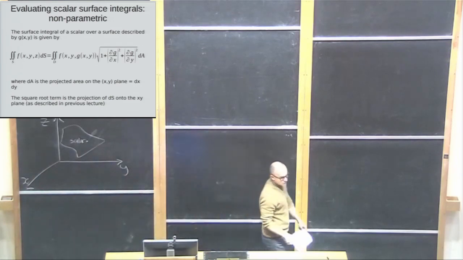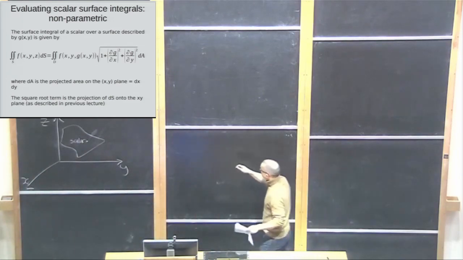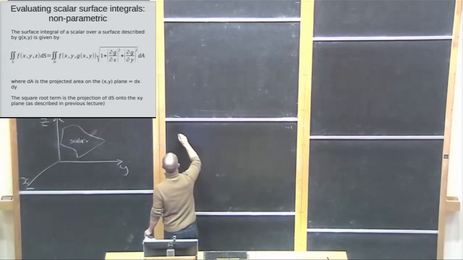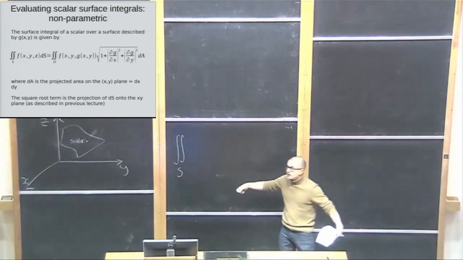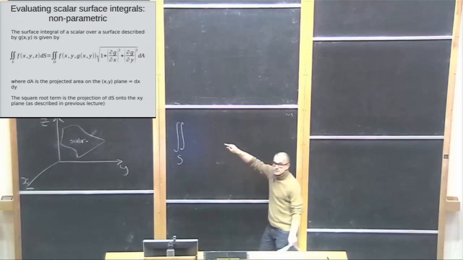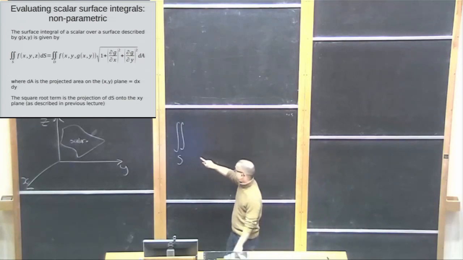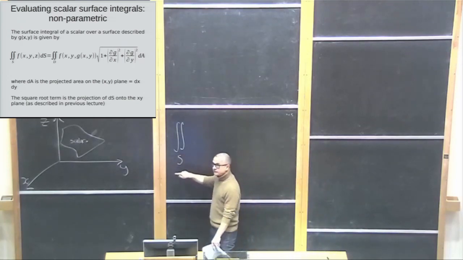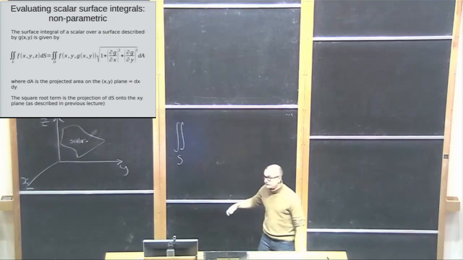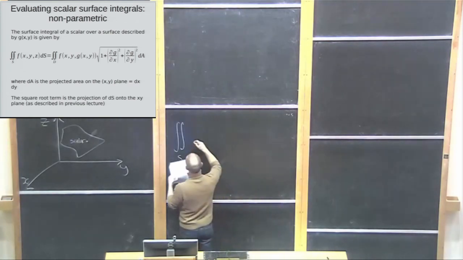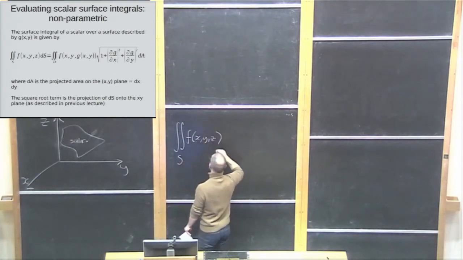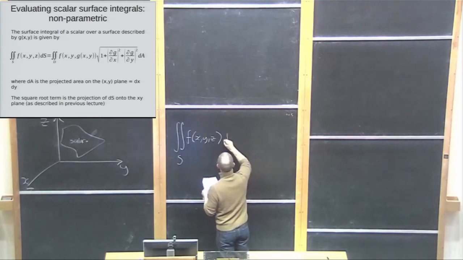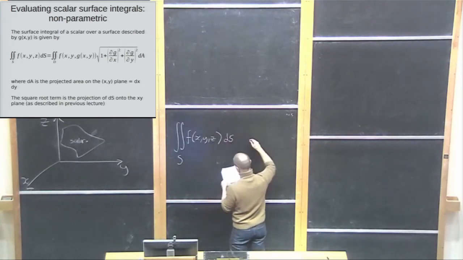So in the non-parametric case, you are given some integral over S in the question. Again, and I'm repetitive on this point, that's always the tricky bit: to work out what the words that describe S mean, and turn them into actual ranges and shapes. So you have some scalar as a function of position evaluated over your surface.